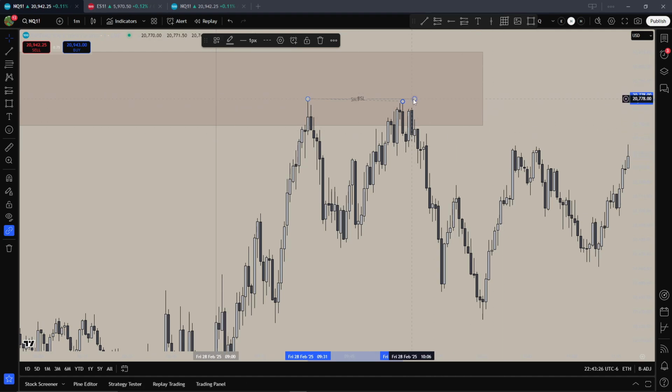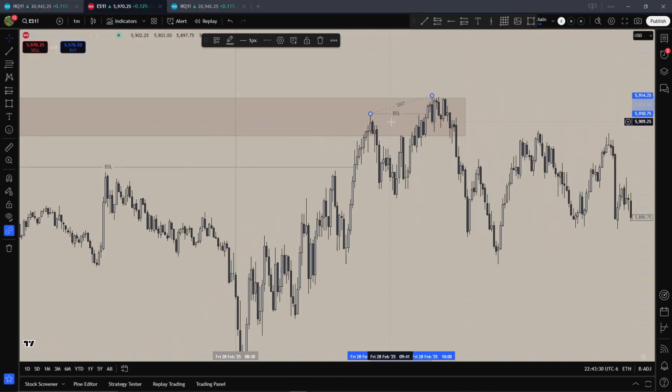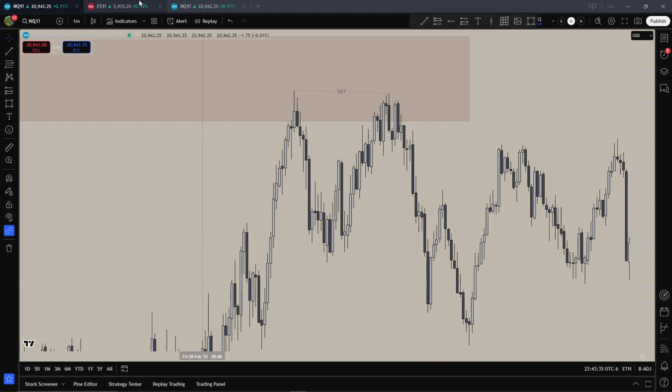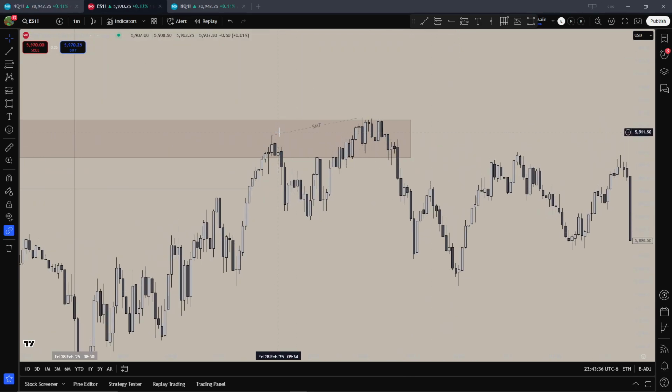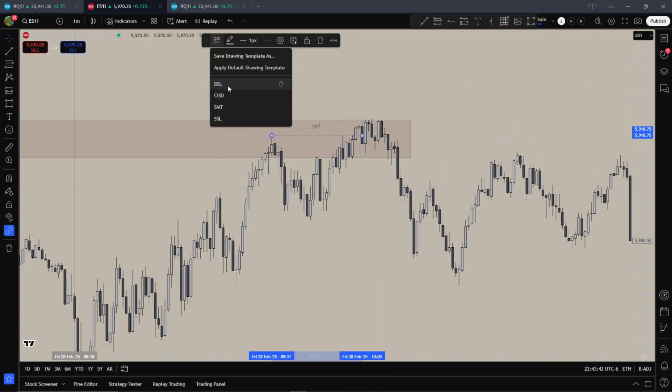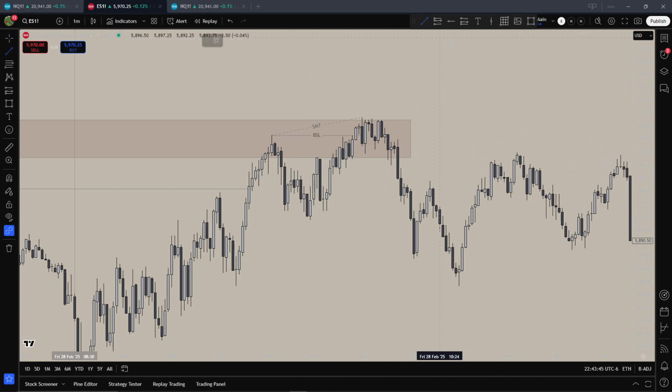So we didn't take out this buy side on NQ, but ES took out the buy side liquidity. I'll put this back on there for ES.